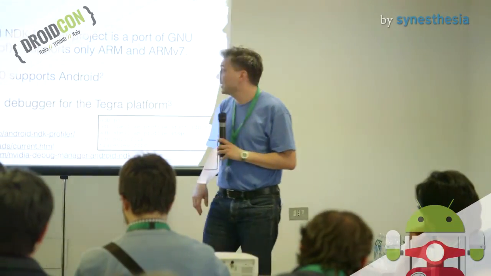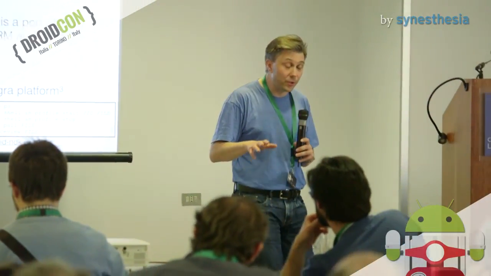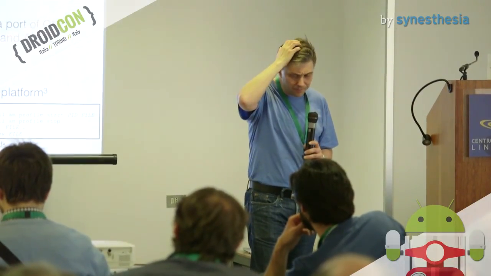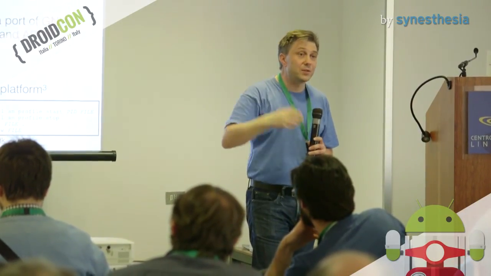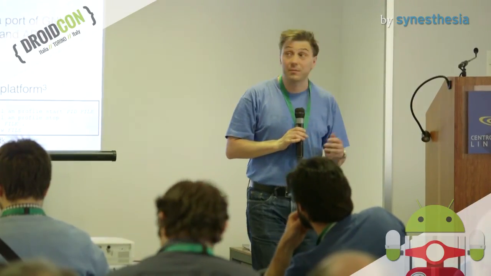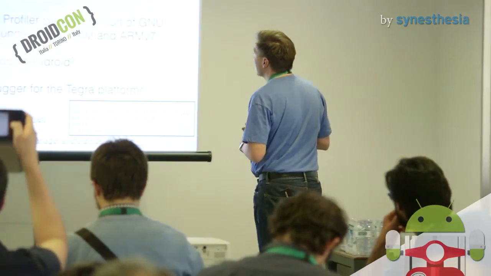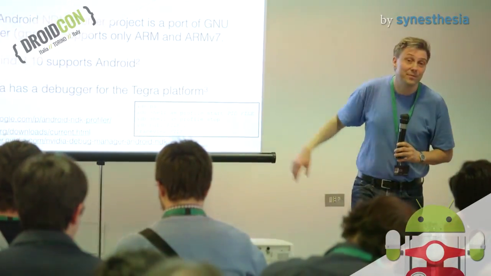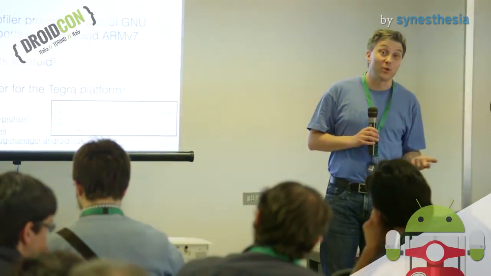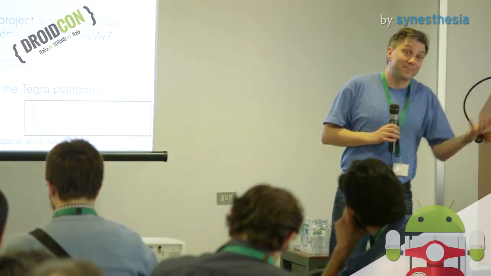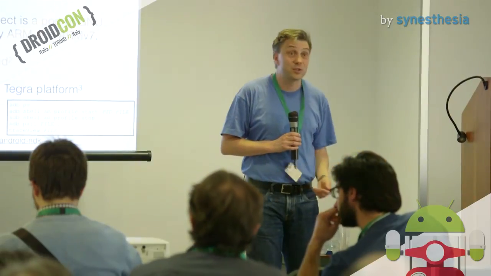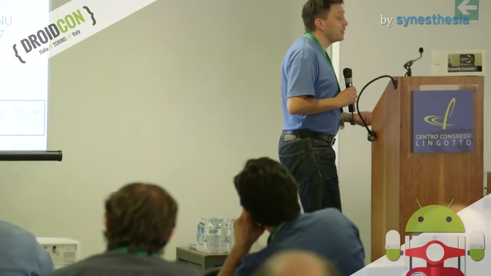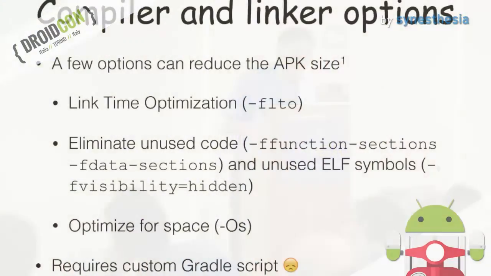Valgrind has some support for Android in recent versions, actually version 3, which is the recent version. So you can actually find your memory leaks, which can be very useful. NVIDIA provides a debugger for their platform only, of course. So if you're not using their platform for your Android development, you're out of luck there. If you want to use a simulator, you cannot use that, and so on. So profiling and debugging is really hard. That's why I always use these traces.